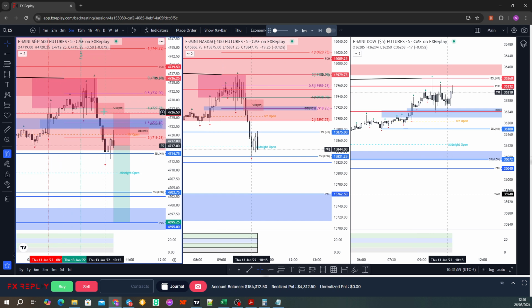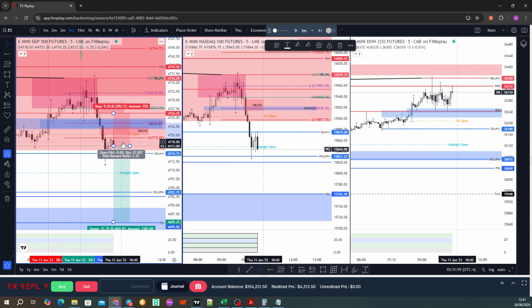We've got this fair value gap here, which technically we should cover in case price wants to go higher. It could be engineering... I actually like this position.